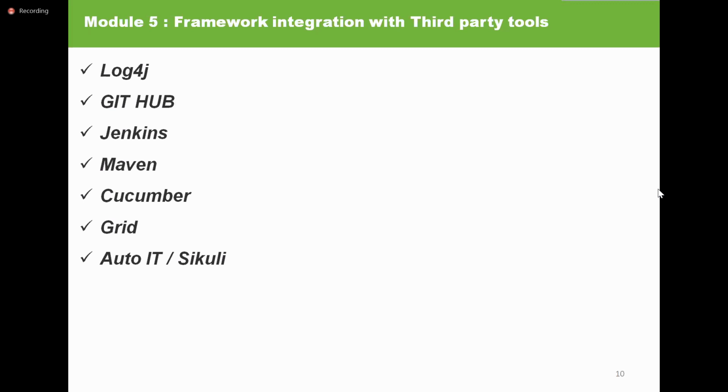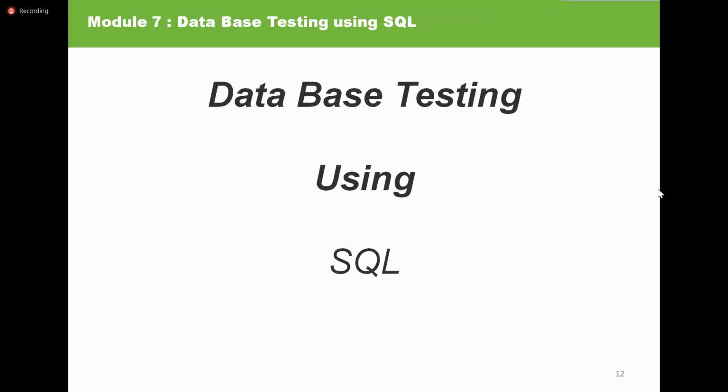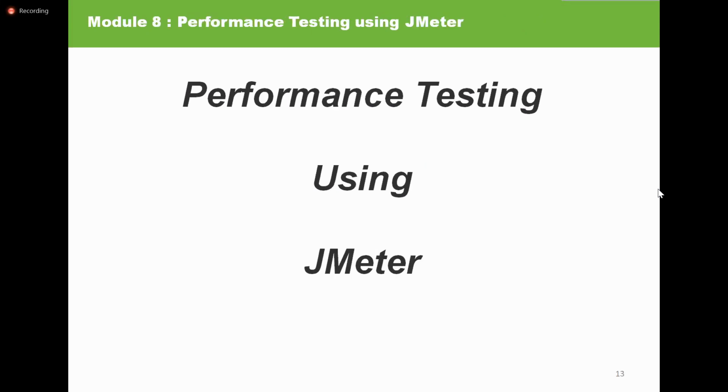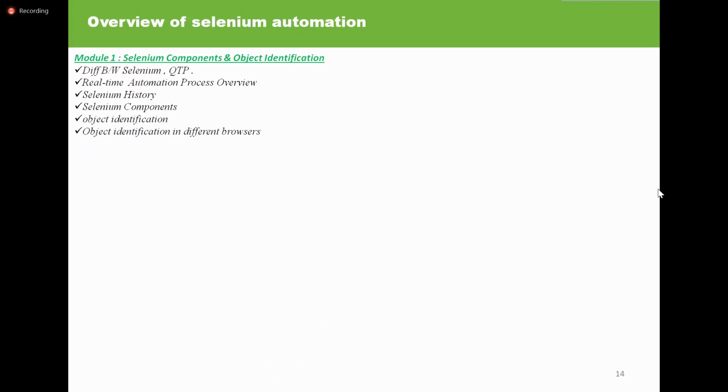First we will understand framework design, and then we will take care of integrations. After that, we'll go with API testing, then database testing, then performance testing, and finally ChatGPT.